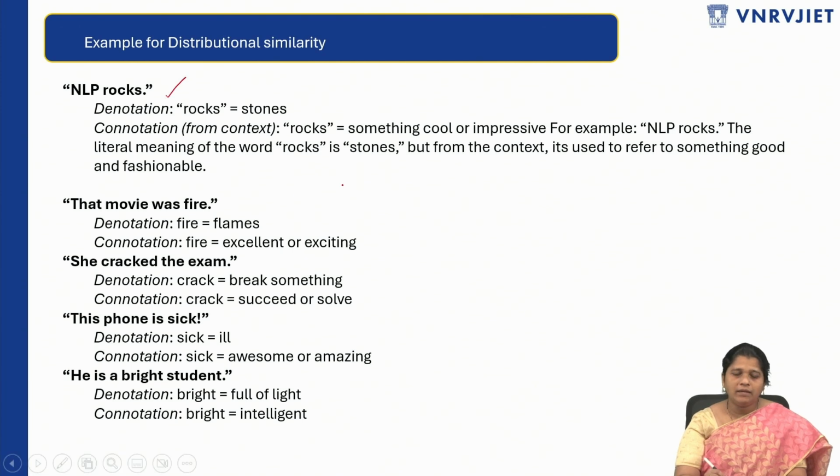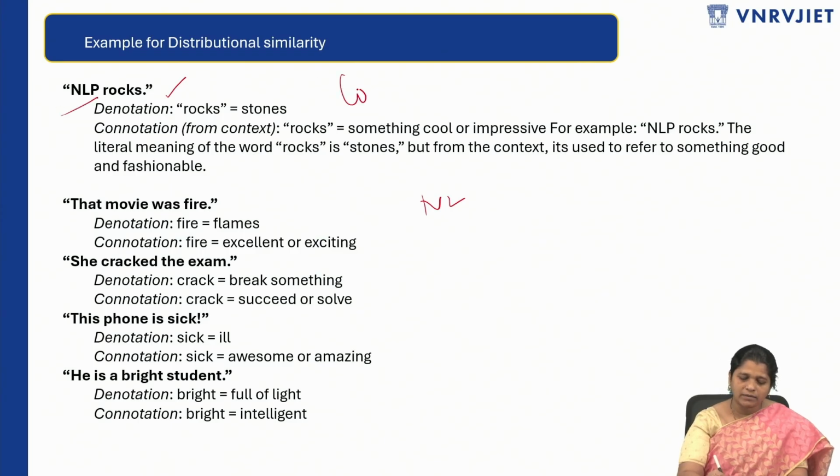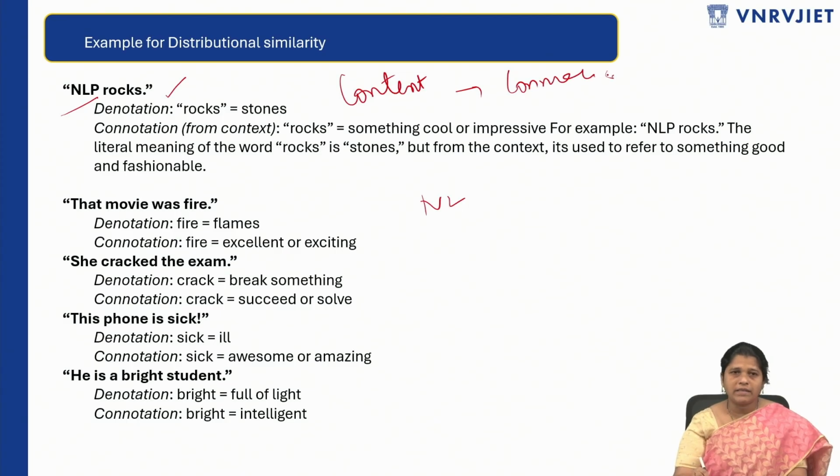The literal meaning of rocks is stone. But in the context of NLP, it means I am appreciating that there is something good, something fashionable about NLP. So this is where context matters. Here it is used with connotation, where the word rocks tells that NLP is good enough.